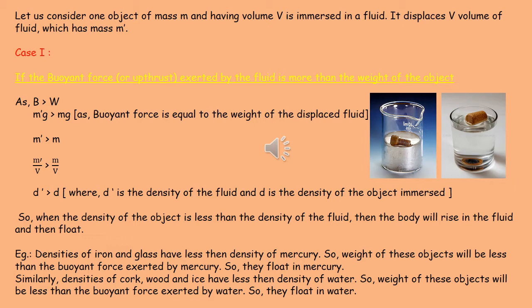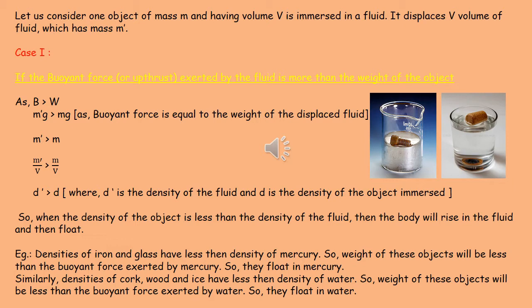Now we'll discuss case 1. If the buoyant force or upthrust exerted by the fluid is more than the weight of the object, that means the upward force is more than the downward force. Obviously, the body will try to move up. But why? We know from Archimedes' principle that the buoyant force is measured by the weight of the displaced fluid, and the formula for weight is m into g, mass into acceleration due to gravity.